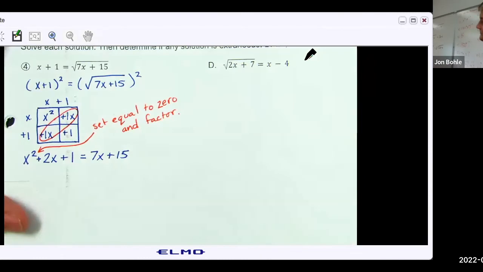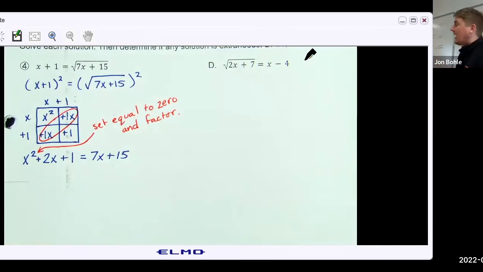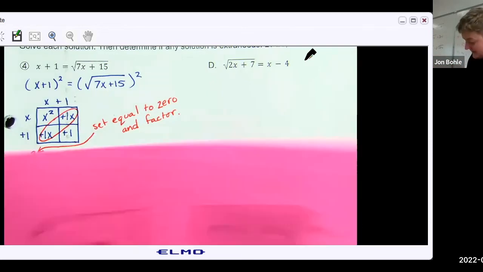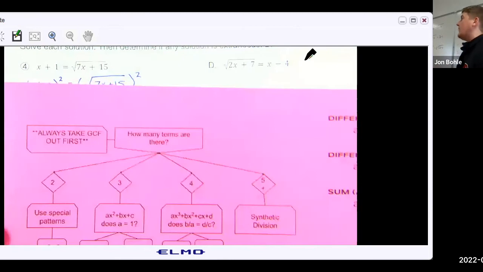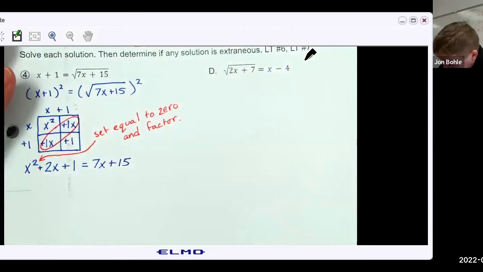And it would be great if I had a piece of paper with a bunch of great information that you just follow to figure out how to factor. Oh my gosh, what about this in here? Look at that. We do have information about that, but let's set this equal to 0 first.